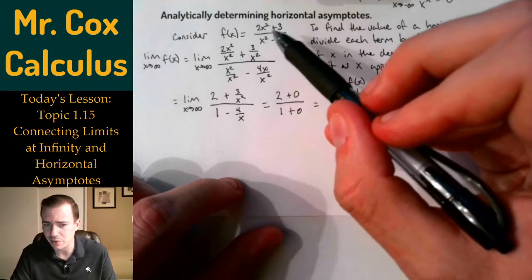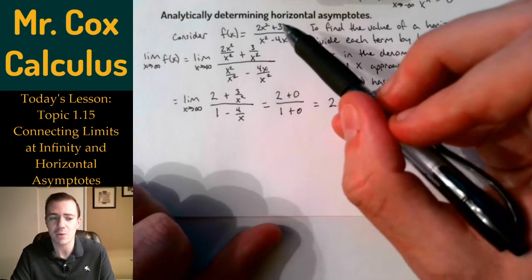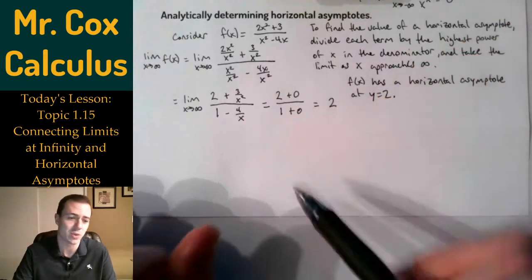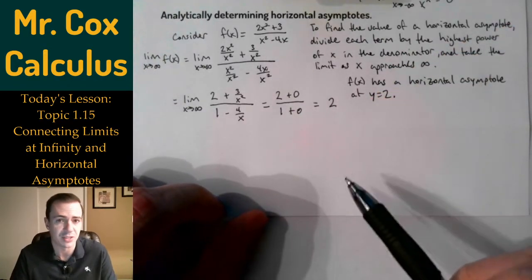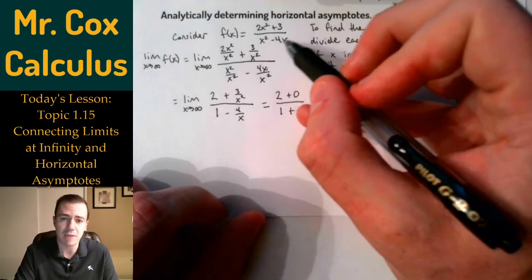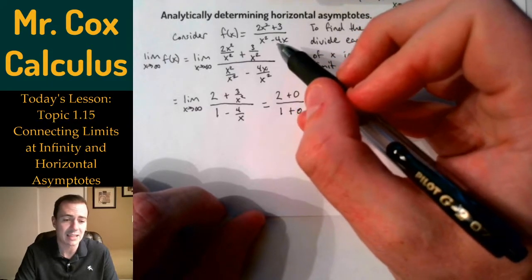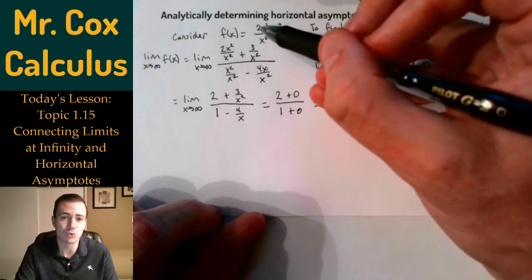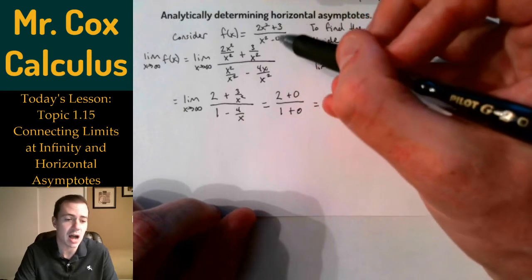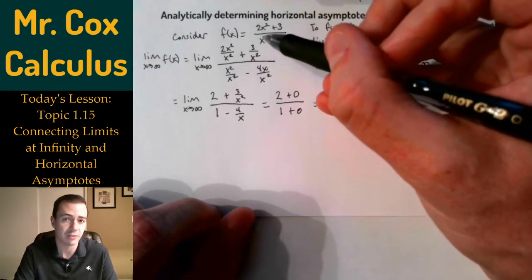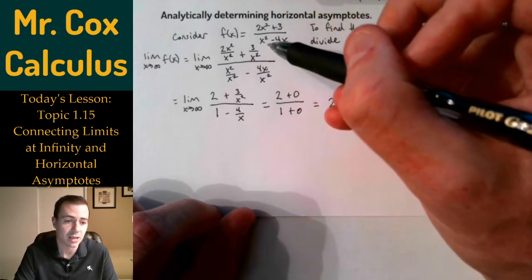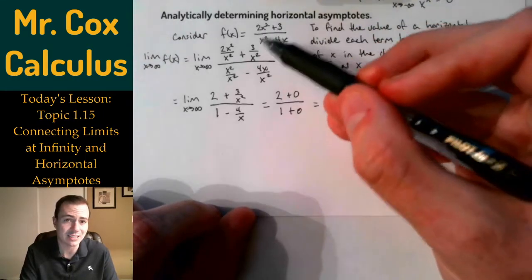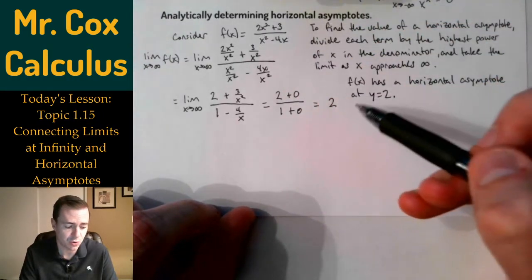The fact of the matter is this plus 3 has very little impact, especially the further we go down the number line, on what's happening on this function. Now, even though we have a 4x right here, it has the same idea. What is driving this function are the highest powers of x, 2x squared and x squared. And if you can see that, you can see where this 2 comes from.